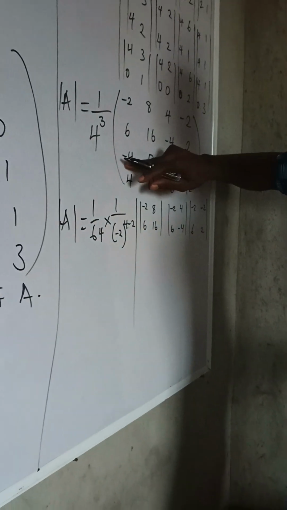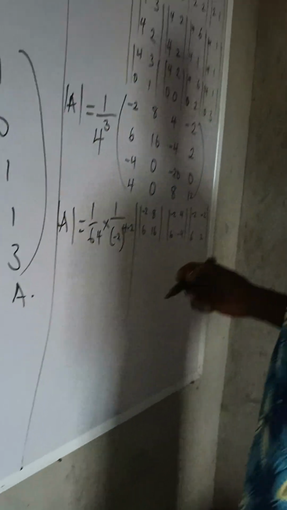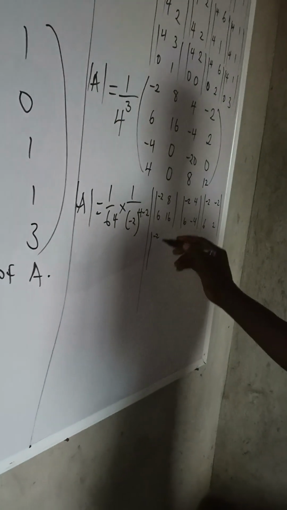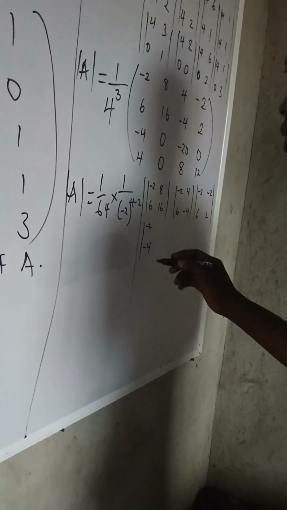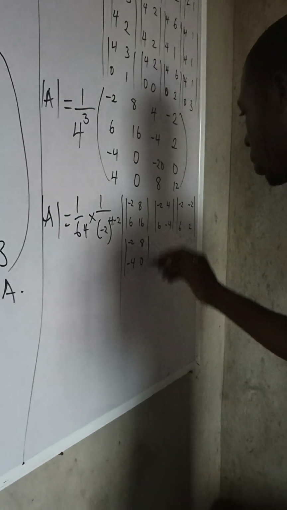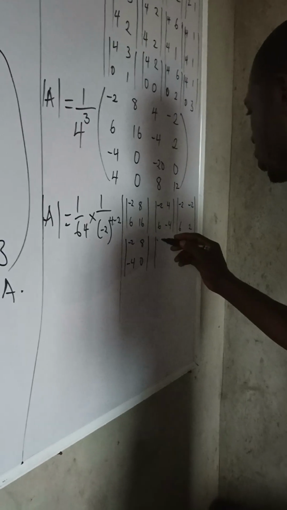Next one, we are going to use the pivot and this third row. So we have minus 2, minus 4, minus 2, minus 4, and at what? 8 and 0. Then minus 2, minus 4.